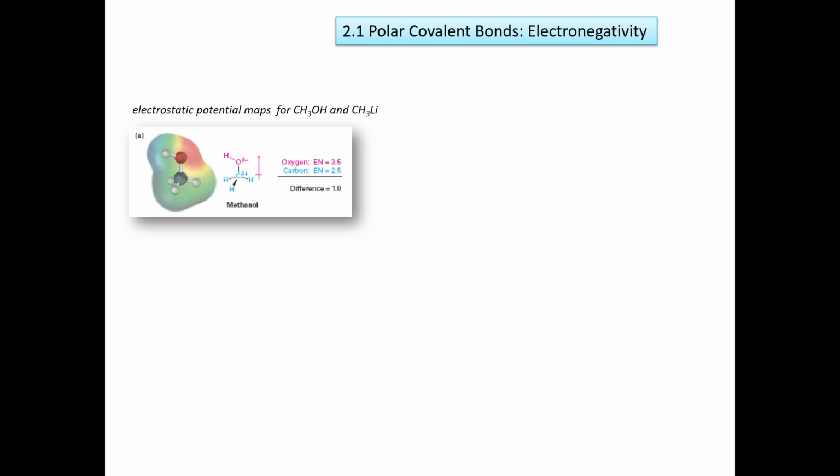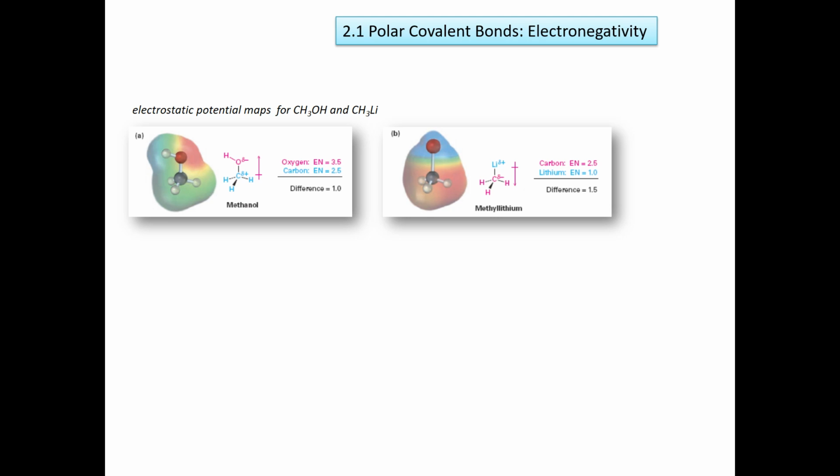Numbers are not important, as we are organic chemists, so it's basically qualitative. But we will always have this arrow that indicates the dipole moment of the molecule. If we have just the opposite, for example, methyl lithium, lithium in this case is more electropositive than the carbon.